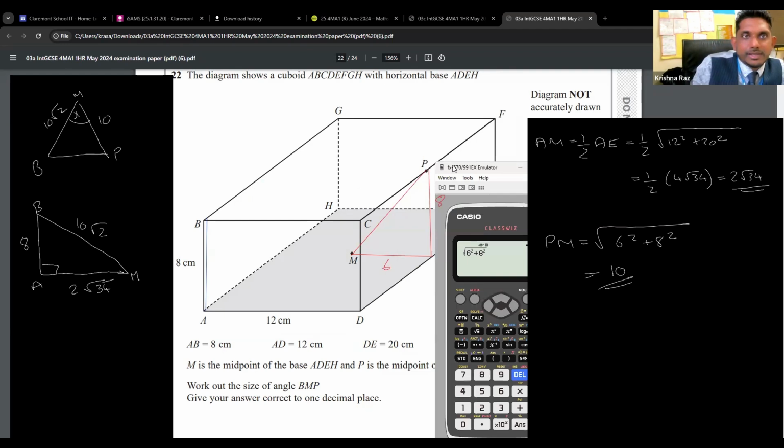So I need one more length, which is that one. Yeah, but we can see that that is part of this triangle here. So we know this is 12 and this is half of 20, which is 10.